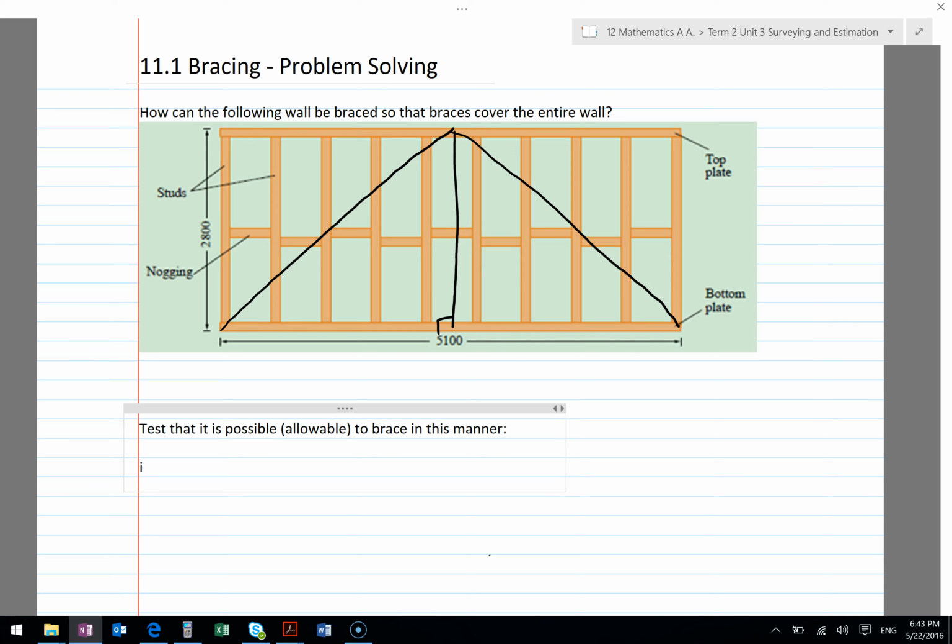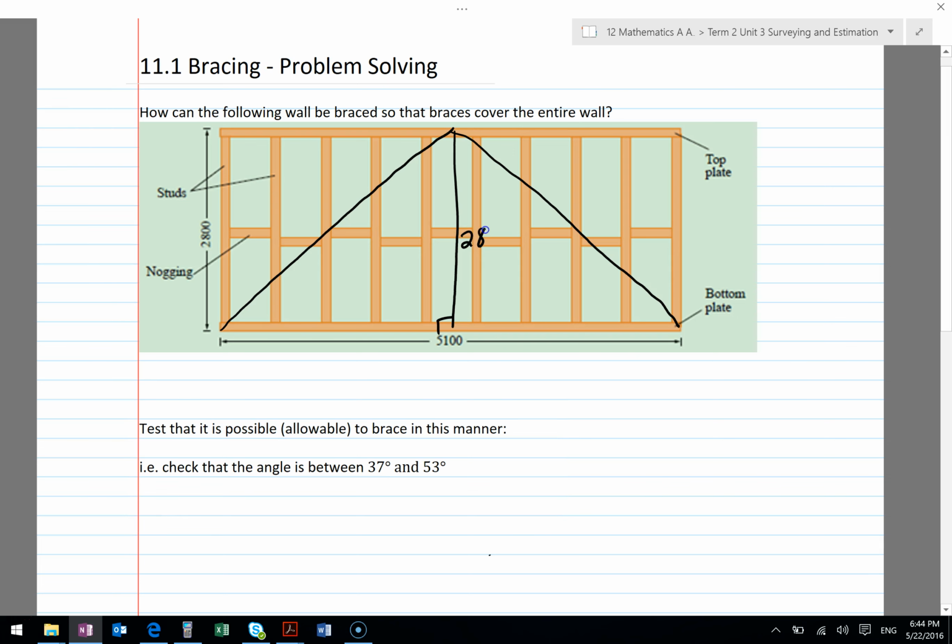So down here we're essentially going to test that it is possible or allowable to brace in this manner. That is, check that the angle is between 37 degrees and 53 degrees. All right, need to do a little bit of work here.